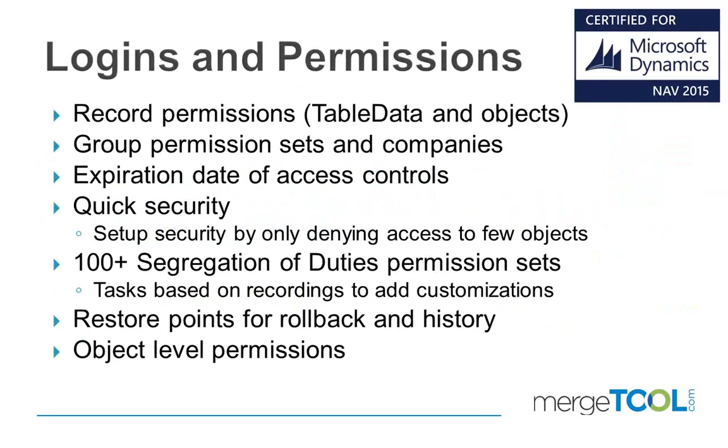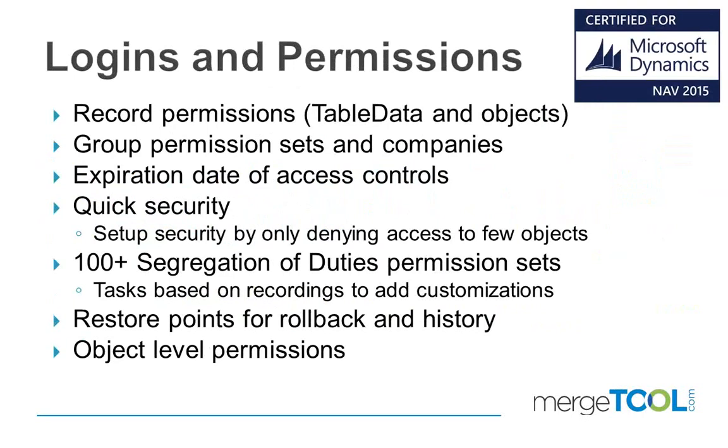We take away important objects from everybody by default. Could be the chart of accounts page. It could be the codeunit to make a quote into an order. Things like that. As you record permissions, we capture those things as part of that recording, and that allows people to go into those screens to do those functions for special objects.